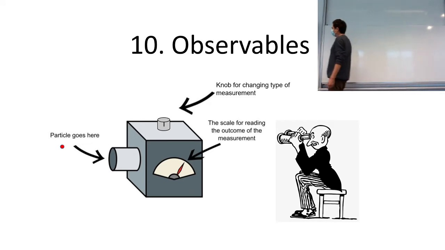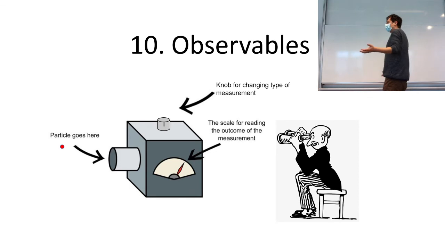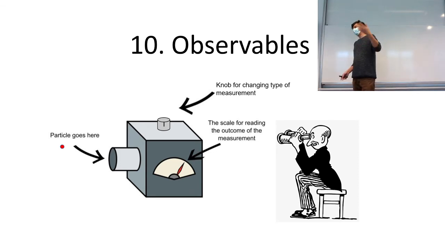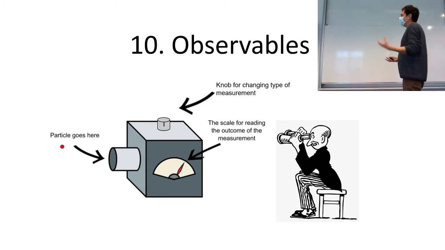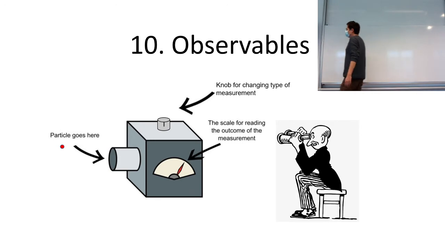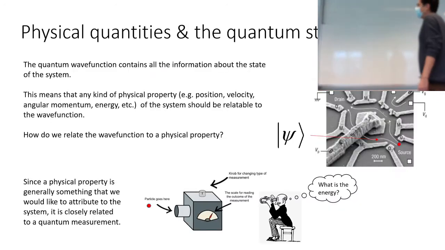Because at the end of the day, this guy here wants to know something about the particle, right? So he wants to know what property the particle has. And that process of going from probabilities, whatever we were talking about last lecture, to observables is basically what we're going to talk about today.